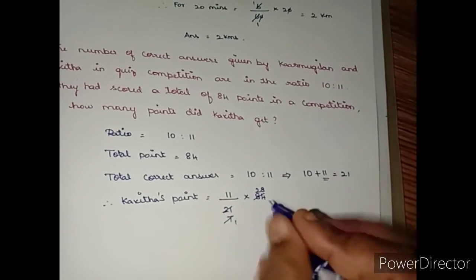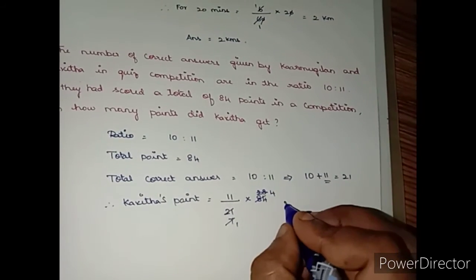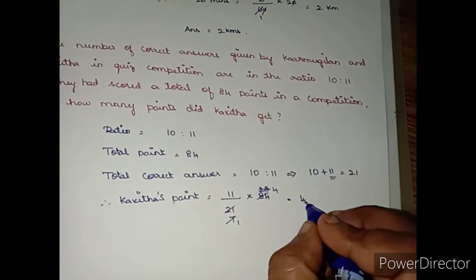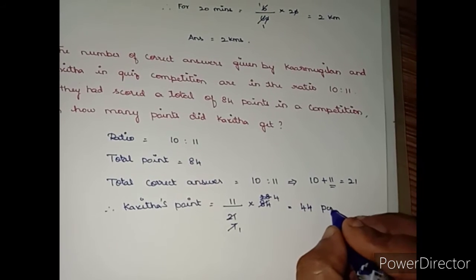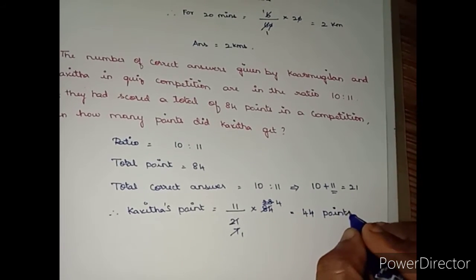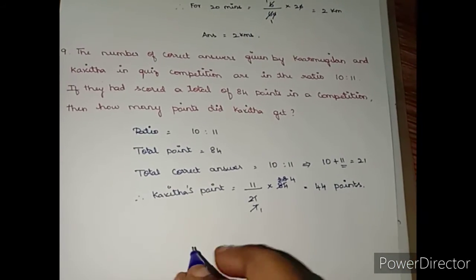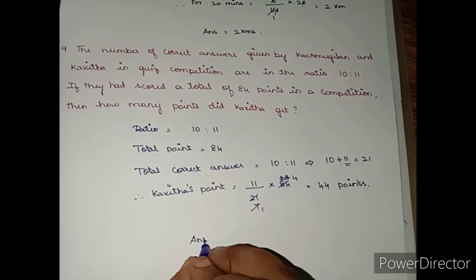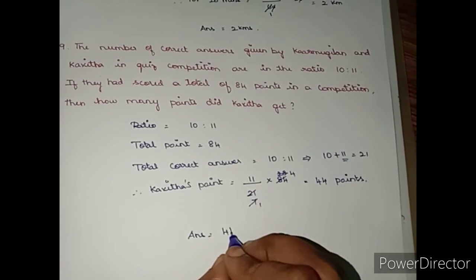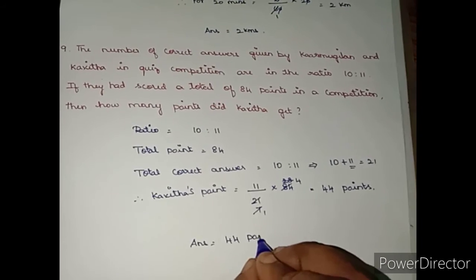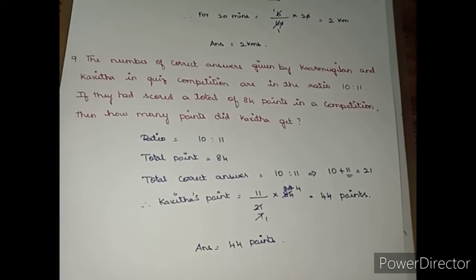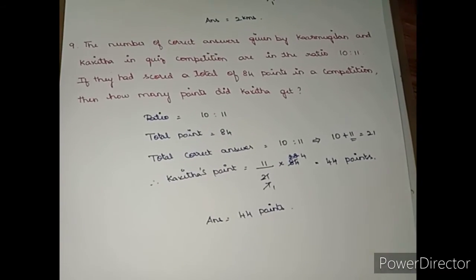Again 7 table 1 time, 4 times. So 11 into 4, it is 44 points. So what is the answer? Answer is equal to 44 points. Okay, we'll go with the next question now.